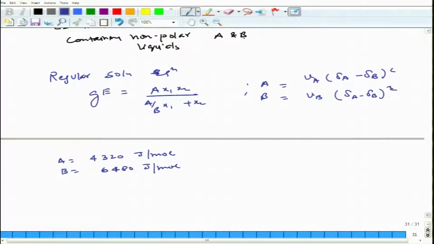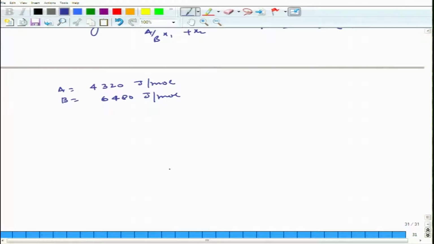Now, we need to find the upper critical solution temperature, and for that we need to find the temperature and the composition at the consolute point.